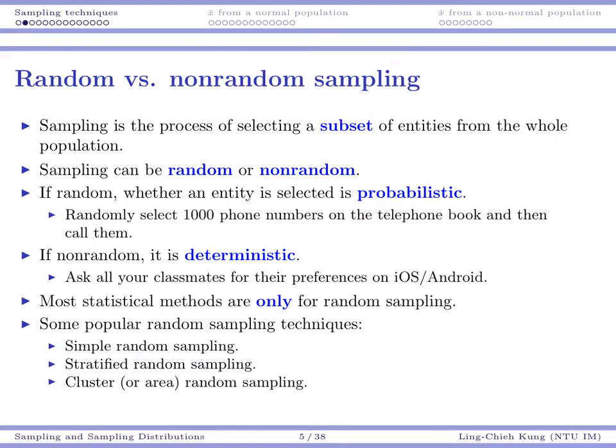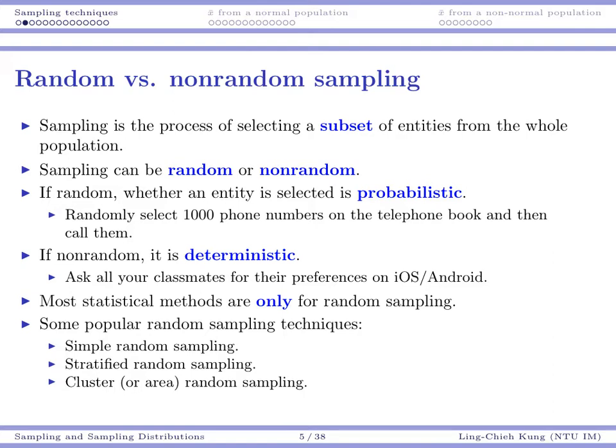If it is random sampling, whether an entity will be selected is probabilistic. Before we do that, we don't know whether one particular item will be selected or not. But if we do non-random sampling, then the outcome would be somewhat deterministic.